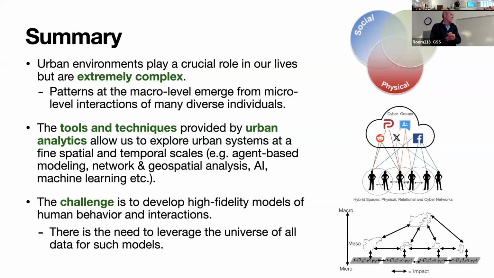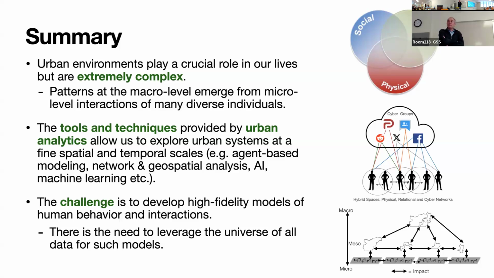But what I'm trying to say is, the world's complicated. No model's ever going to be perfect. But if we want to capture the world around us, we need to think about modeling and capturing data that allows us to look at the macro level, generated from the micro level. And that data is generated by many individuals, with all of their different beliefs and things. Urban analytics gives us the ability to explore the world around us, to understand it at different spatial and temporal scales.